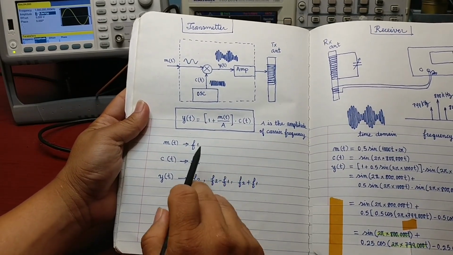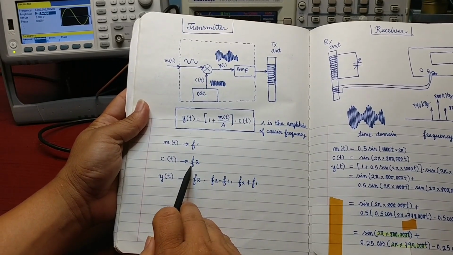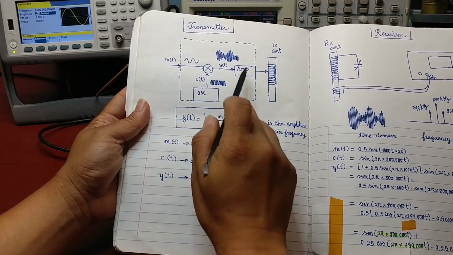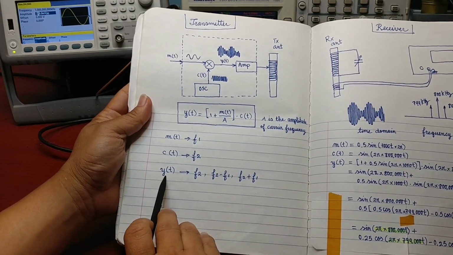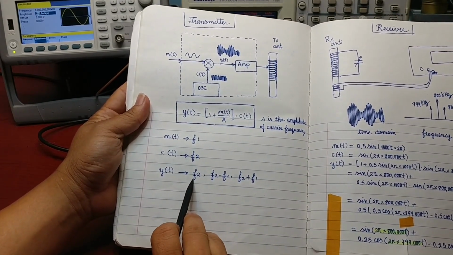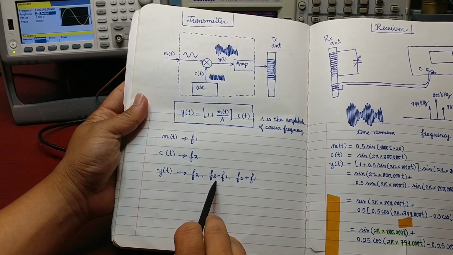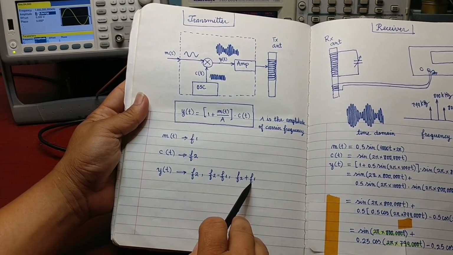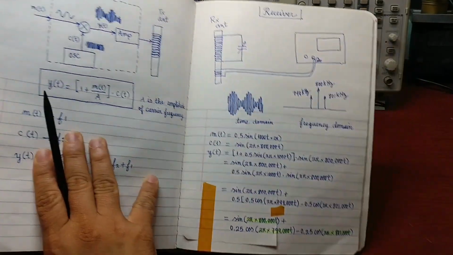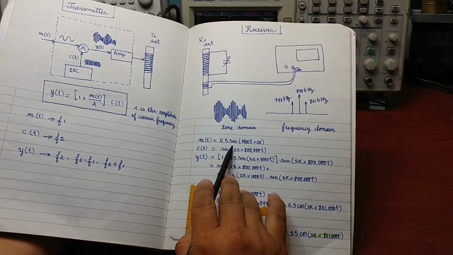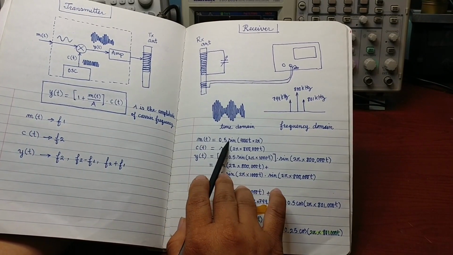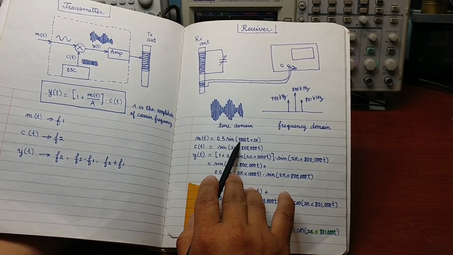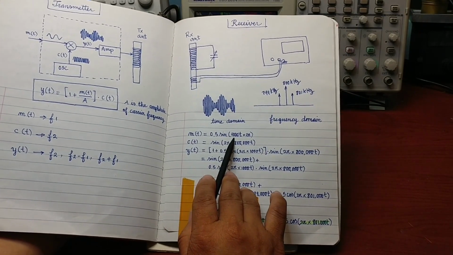If the frequency of the modulating signal is F1 and the frequency of the carrier signal is F2, then there are three frequencies in the output signal. They are F2, F2 minus F1, and F2 plus F1. Assume the modulating signal is a 1 kHz sine wave with amplitude 0.5 volts.